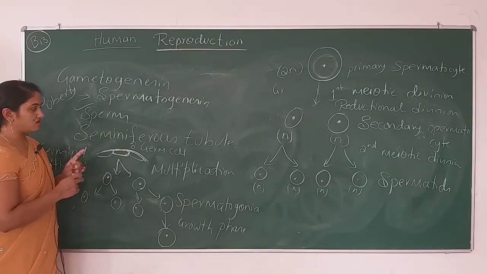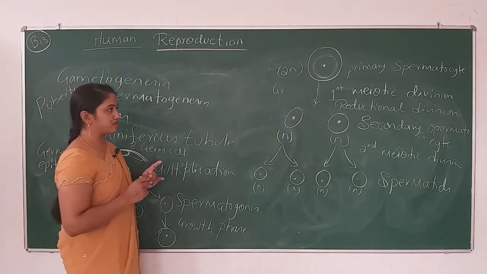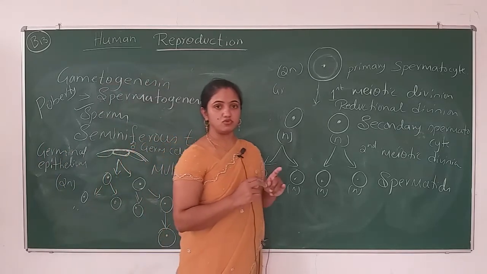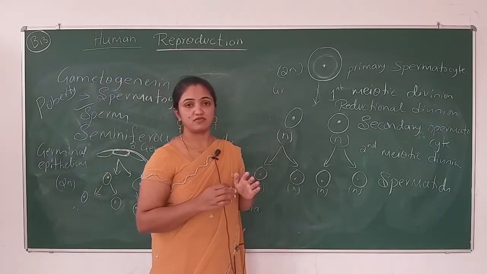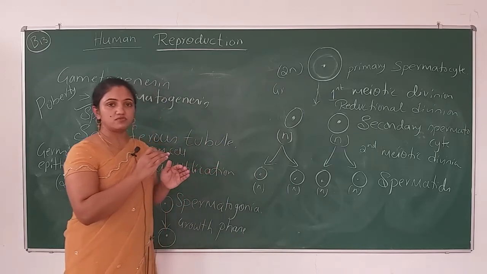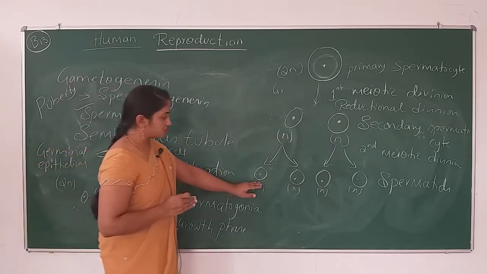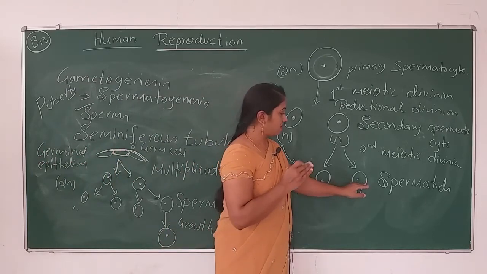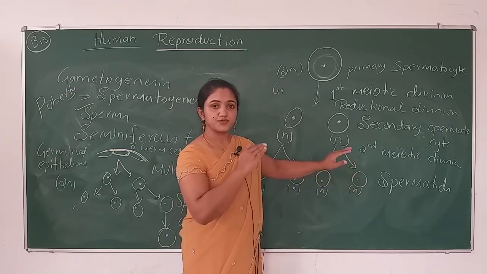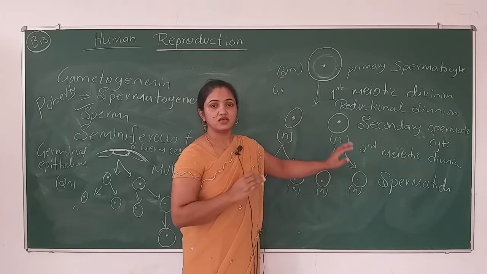Just calculate 200 to 300 seminiferous tubules, each having a number of germ cells, and all the germ cells releasing numbers of spermatids. These spermatids are non-motile, spherical, circular structures.